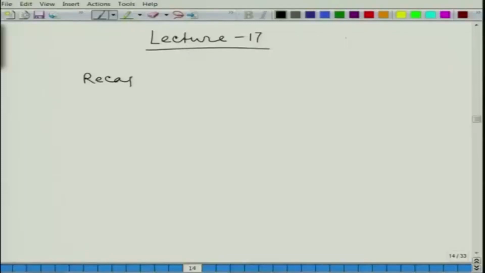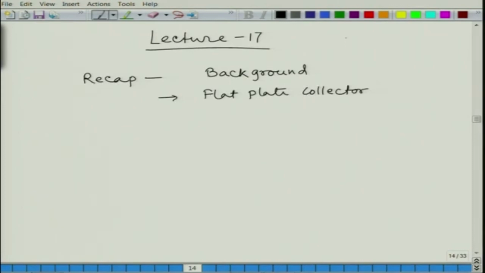So, we have done the background required for any conversion device, and then what we started looking at is the flat plate collector. The flat plate collector is the most basic form of solar energy collector, and we will go into its details.